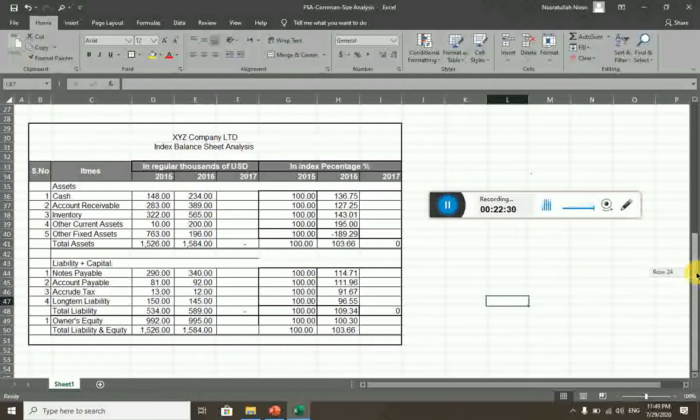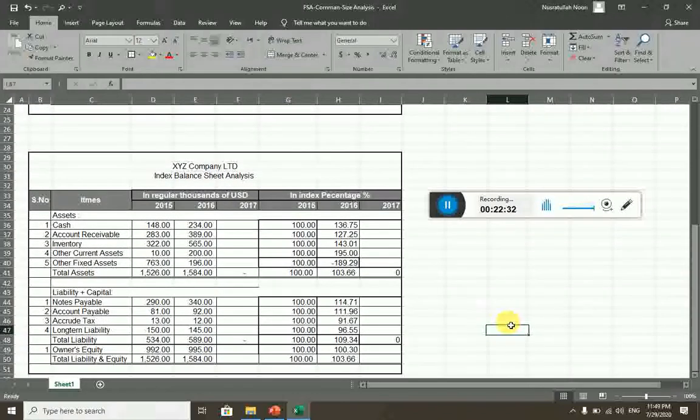Now what we will do, we'll find out the percentages for the rest of the years. We can see here, look at the formula. You can see current year 2016 figure for cash of 2016 divided by the cash of 2015, which is the base year, right?